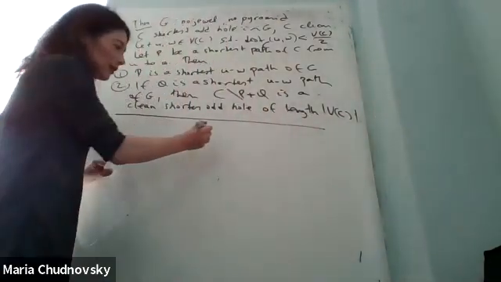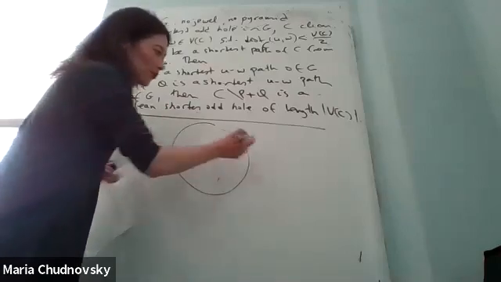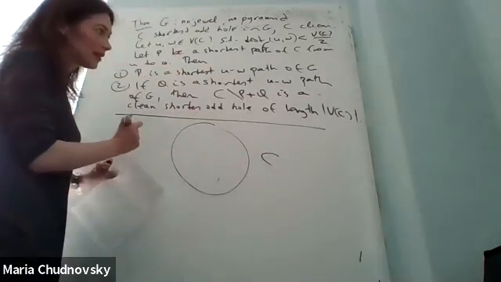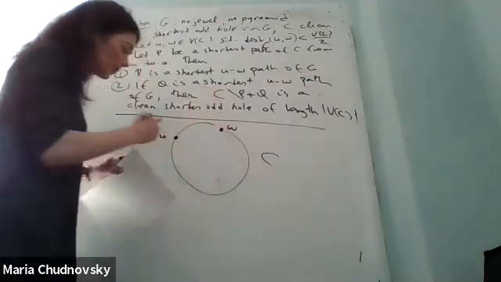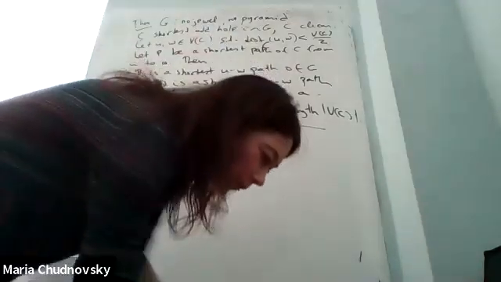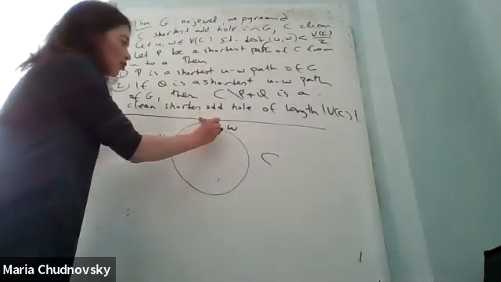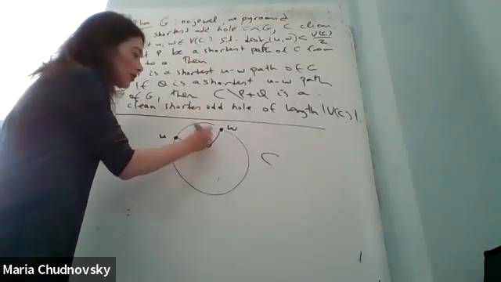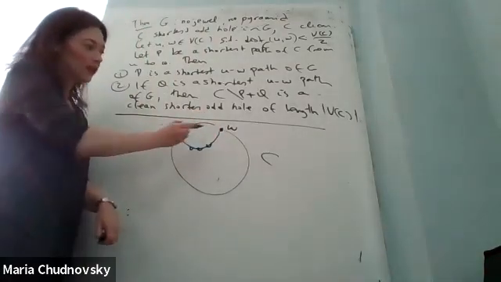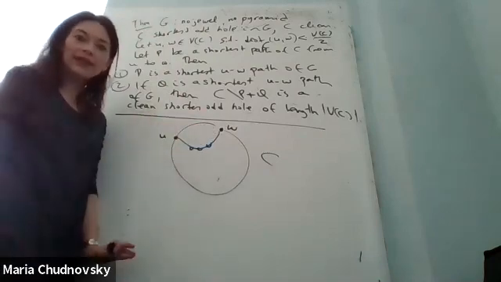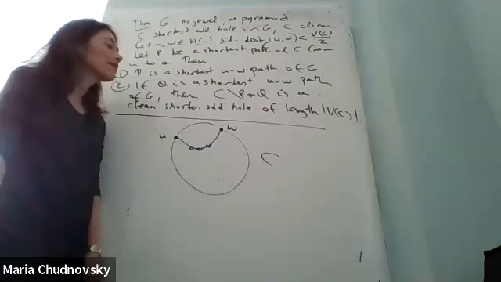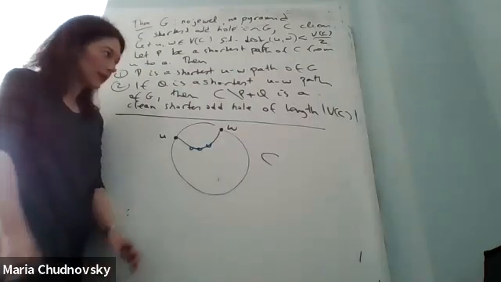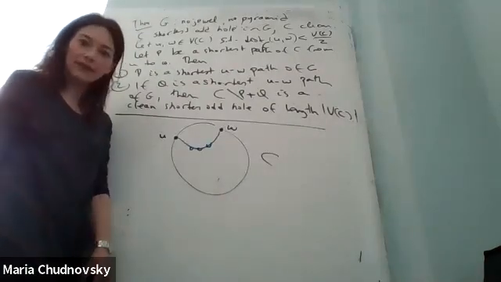Let me draw again a picture to explain what it means. Here's my C, a clean shortest odd hole. I look at U and W, which are not directly opposite. I look at any shortest path in the graph between U and W, and the claim is if I use blue instead of black, nothing changed. It's still an odd hole, it has exactly the same length as C, and it's still clean.